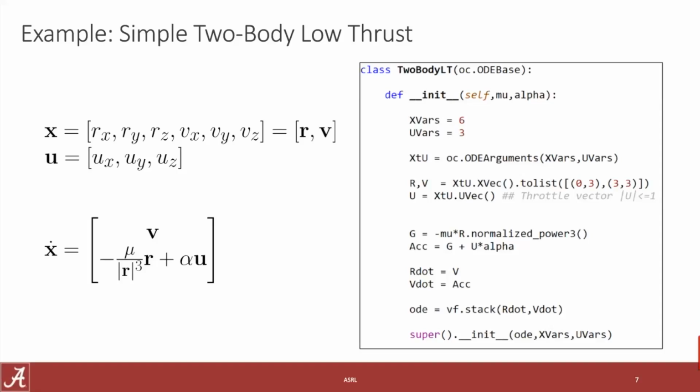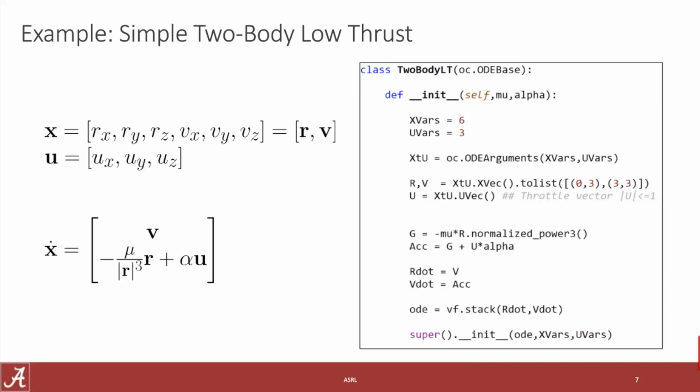We just used vector functions. We didn't use ODE args, but we used functions to compute a 2-body problem with some engine with acceleration alpha, and a U vector got passed in as a state at that point in time, and we had to append it to the RTN frame.